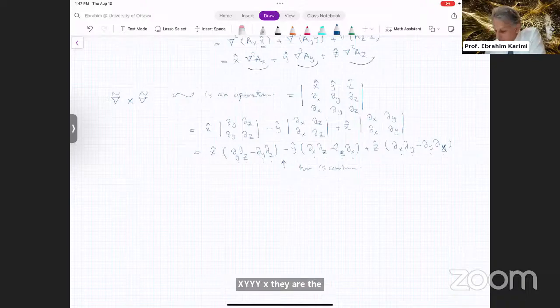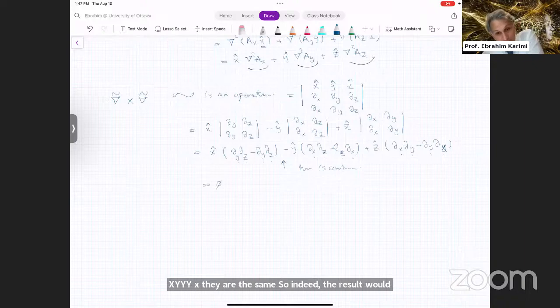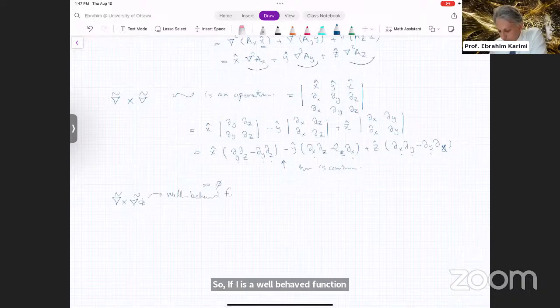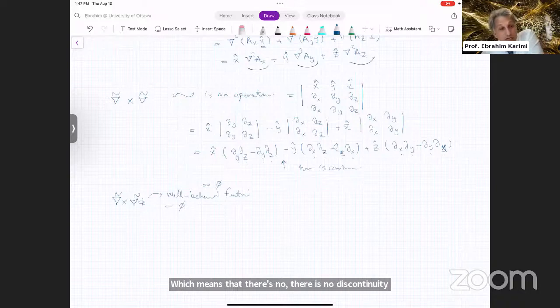So indeed, the result will be equal to 0. Okay? So the curl of the gradient of phi, if phi is a well-behaved function, which means that there is no cut, there is no discontinuity, is equal to 0. So remember that the curl of a gradient is 0.